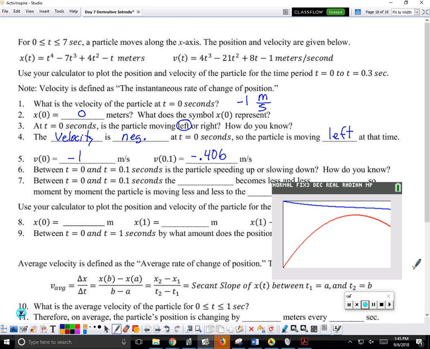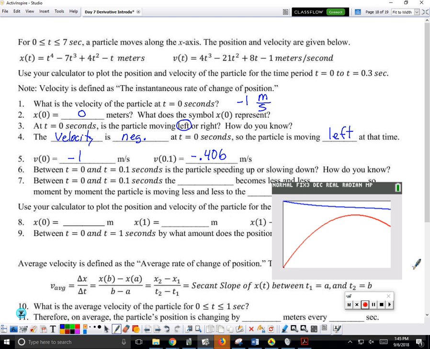I would memorize this formula as well. Speed is equal to the absolute value of the velocity. Same thing that Jonathan said, that's just the mathematical way of saying this. Cool.